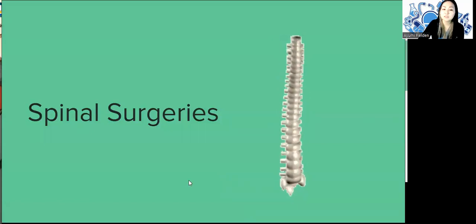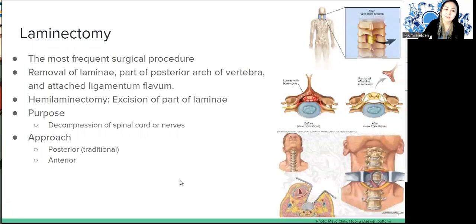So now let's talk about spinal surgeries. Laminectomy is the most frequent surgical procedure. It is removal of a little bone right here, right? A part of the posterior arch of the vertebrae. A hemilaminectomy means excision of a part of that, so half of it. And why do we do it?